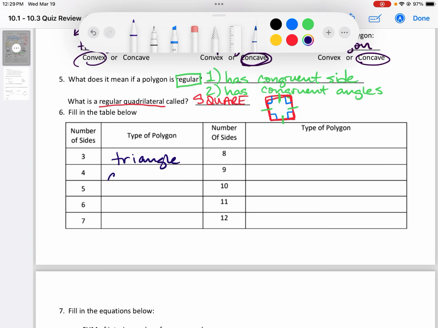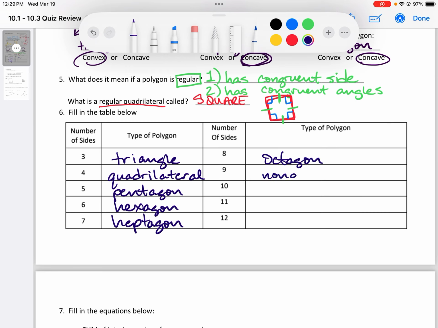We have 3, that's a triangle. 4 is a quadrilateral. 5 is a pentagon. 6 is a hexagon. 7 is a heptagon. 8 is an octagon. 9 is a nonagon. 10 is a decagon. 11 has a few different names, but if you look it up, it's called a hendecagon because hendeca in Greek means 11. And 12 is a dodecagon.